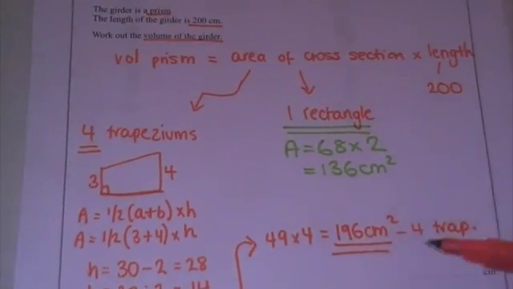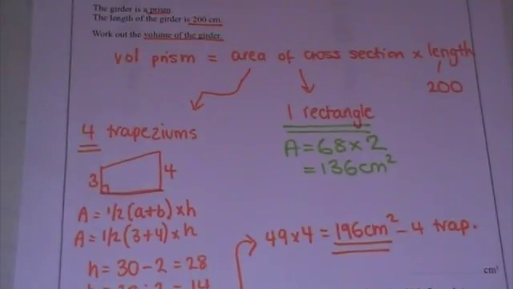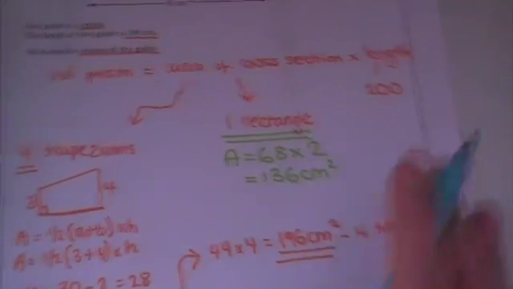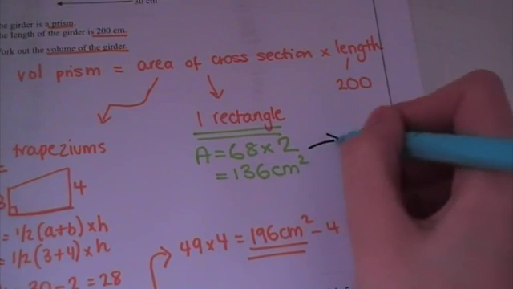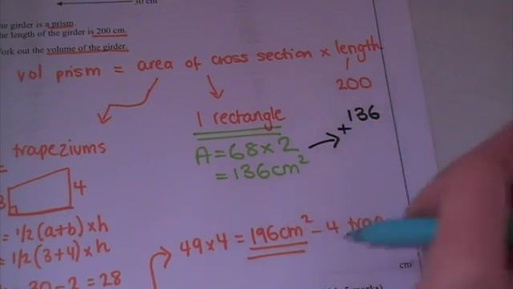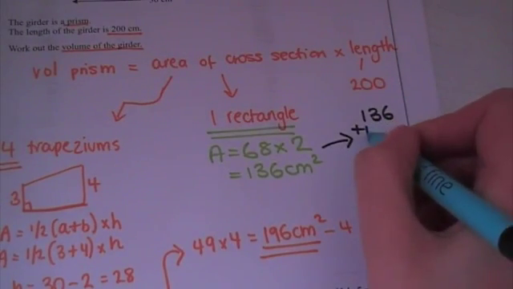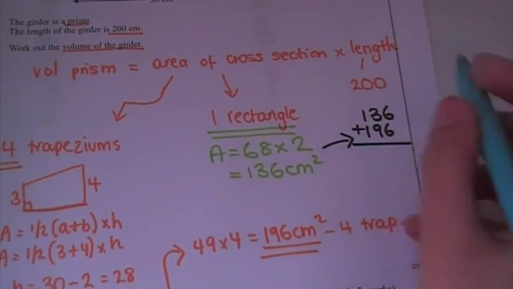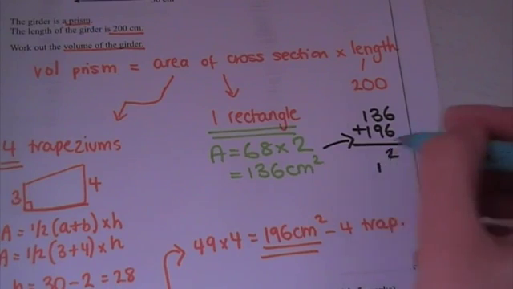So now I've got the area of our rectangle and the area of our 4 trapeziums. We can add these together. So I'm going to have to come over here. So we've got area of the rectangle plus the area of our 4 trapeziums.